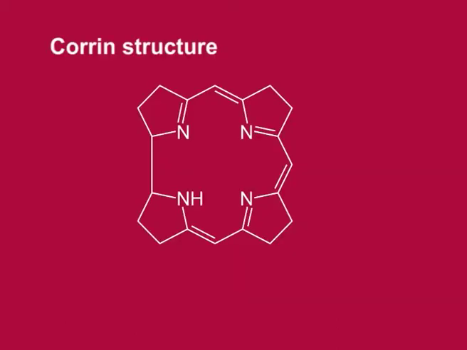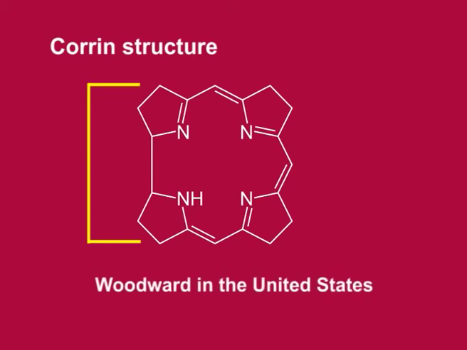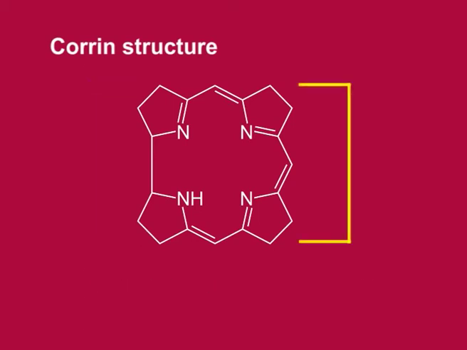If you look at the corrin structure, the left side half was made by Woodward in the United States and the right side was done by Eschenmoser in Switzerland. The big project over the Atlantic Ocean was completed by joining the two parts together at the end.